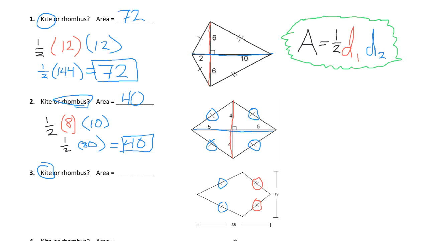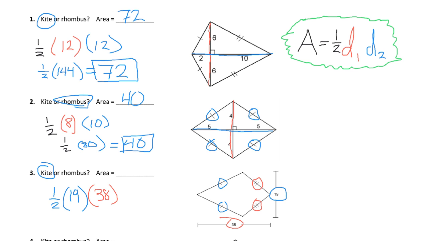So our area, again, is going to be 1/2 diagonal 1. Let's call that this 19 times diagonal 2, which we'll call this 38. And I want to remind everybody that it doesn't really matter which one you call diagonal 1 and which one you call diagonal 2, as long as you multiply the 2 diagonals together.